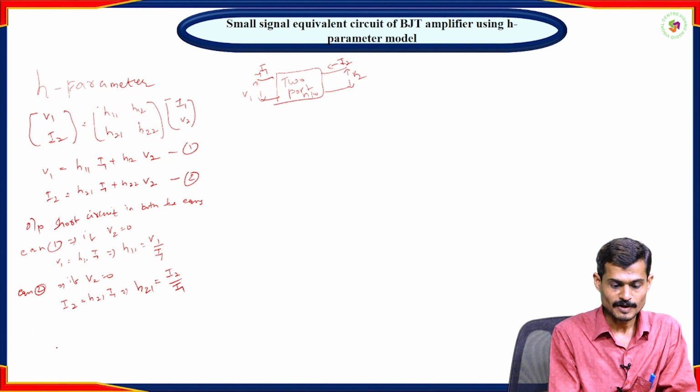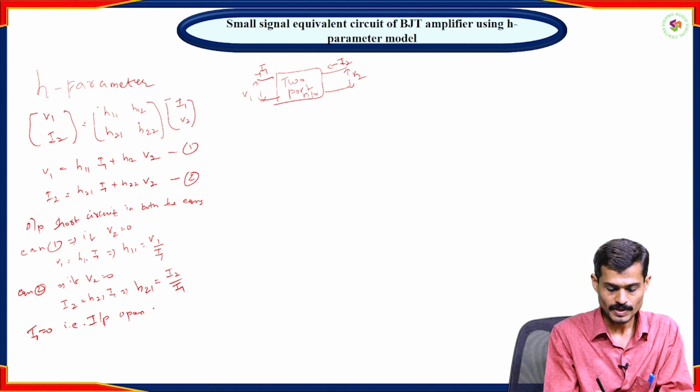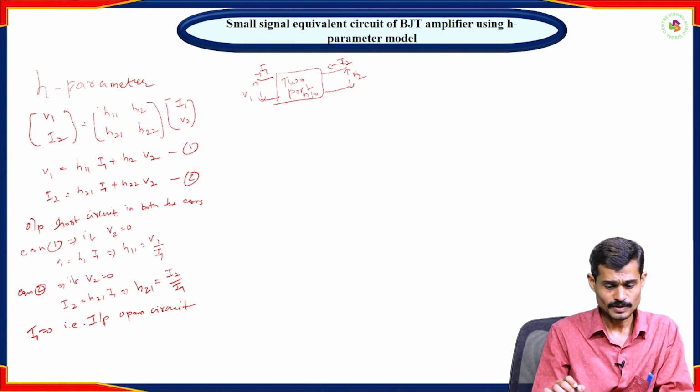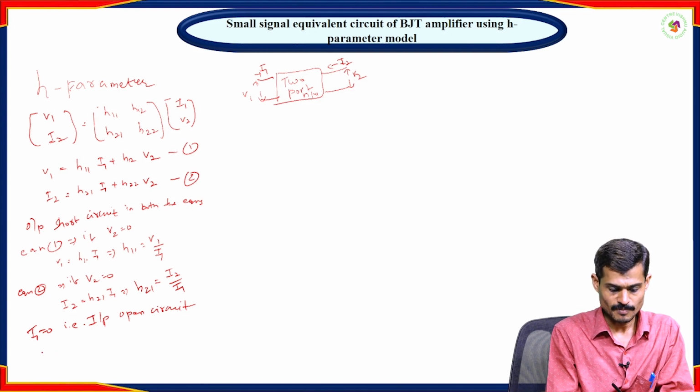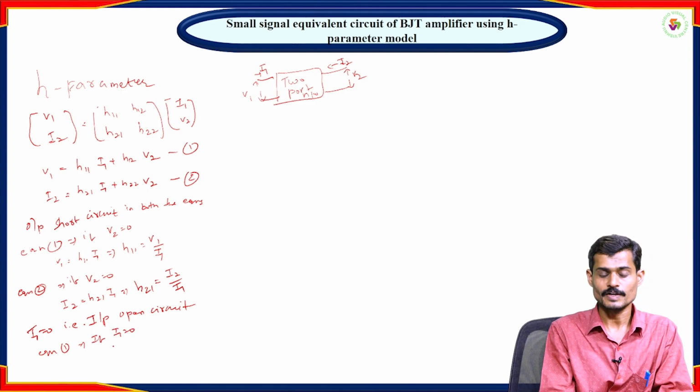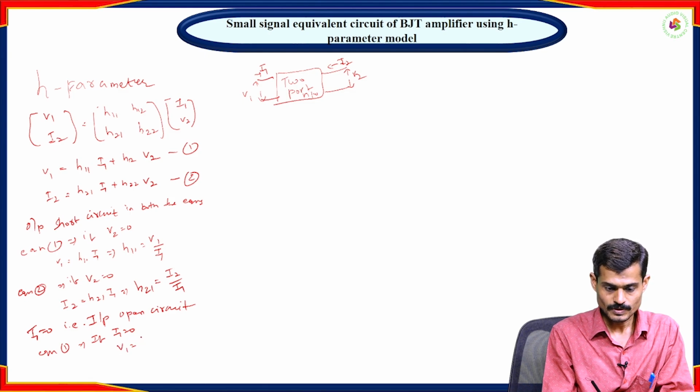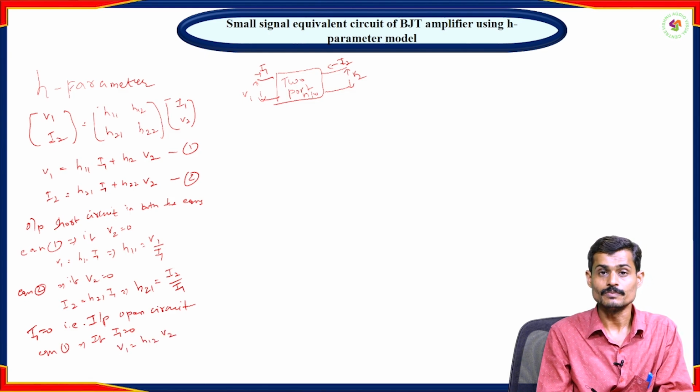Similarly, if I make I1 equals 0, that is, input open circuit, I am making the input open circuit in both equations 1 and 2. If I1 equals 0, what happens to equation 1? V1 equals H12 into V2.